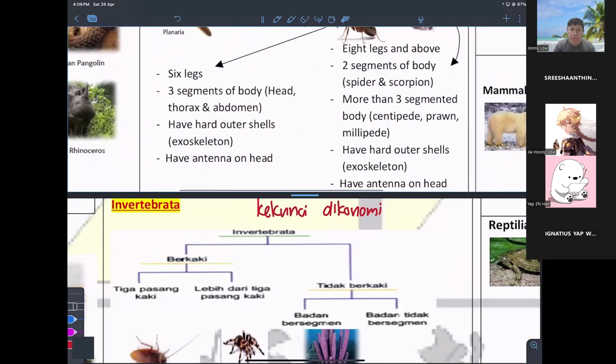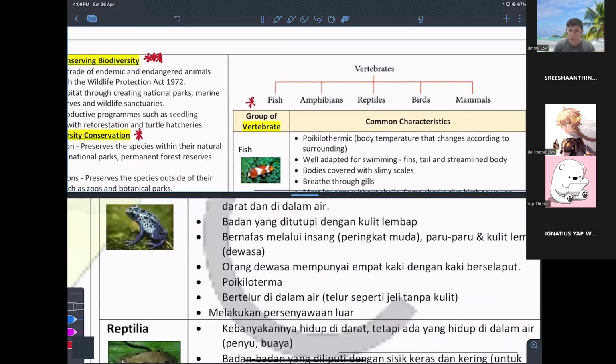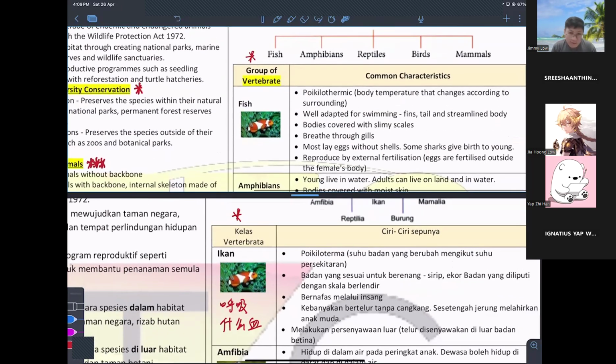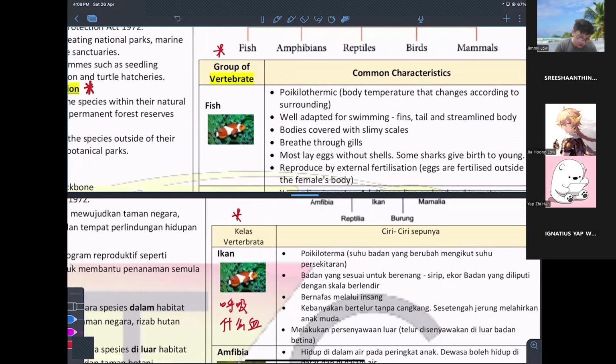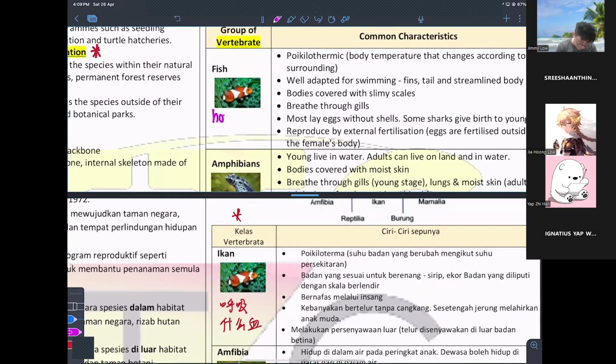The next one is here. You have to know the groups of vertebrates. We have so many words here. I'm not asking you to go through all these words, because it is all common sense. Just bear in mind 2 things. One, how they breathe.